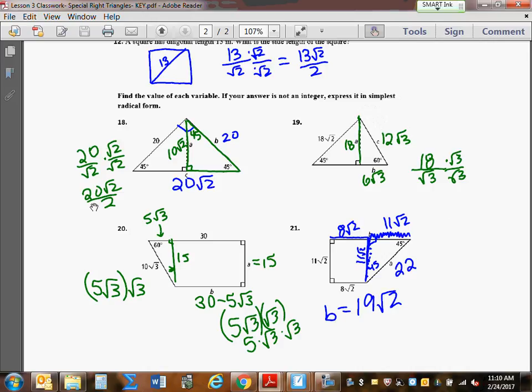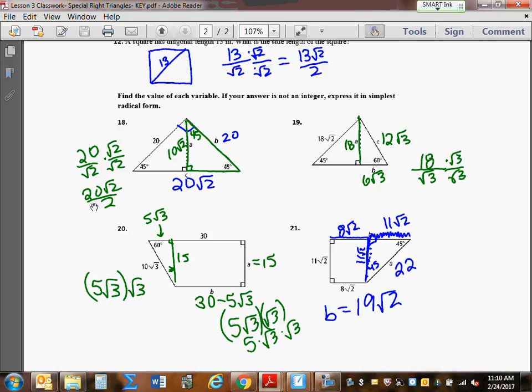Alright, so how you did on those bottom ones. So if you notice, you had to split these up into a series of rectangles here.